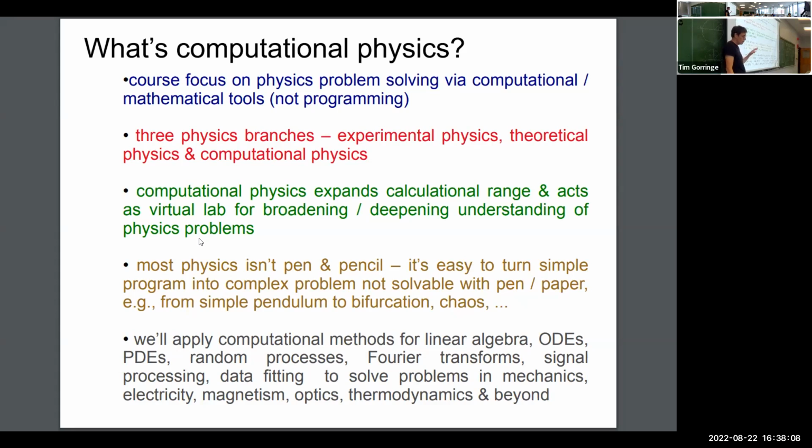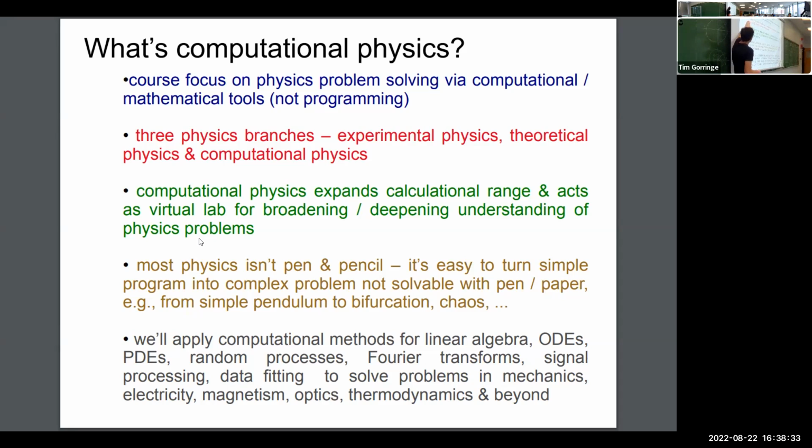So it's really not a programming course, it's a physics problem course, a computational physics course. Over the first couple of weeks, I will introduce Python programming and the tools of data science, but really the bulk of our work is on physics problems.